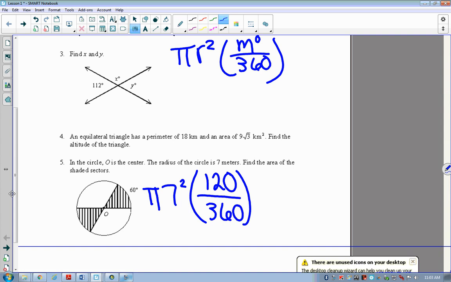And we're going to leave our answer in terms of pi. 120 over 360 is what, 1/3? Right?